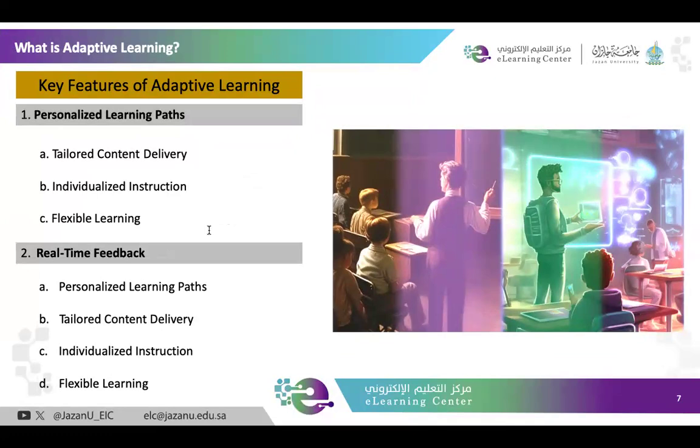An adaptive learning system customizes education content to align with each student's knowledge level, learning pace, and preferences. This ensures that students are neither overwhelmed nor bored, but are interested and consistently challenged at an appropriate level.